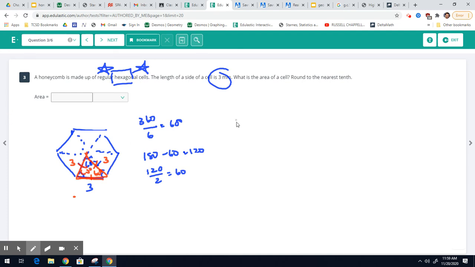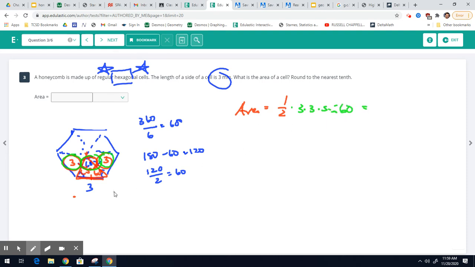I'm going to be consistent and use area equals 1/2 bc sine of A. So to find the area of that triangle, we're going to do 1/2. We're going to use this 3, and that 60-degree angle. I'll do that in maybe green so you can see. So this 3, and that's 60. So we're doing 1/2 of 3 times 3 times sine of 60 degrees.